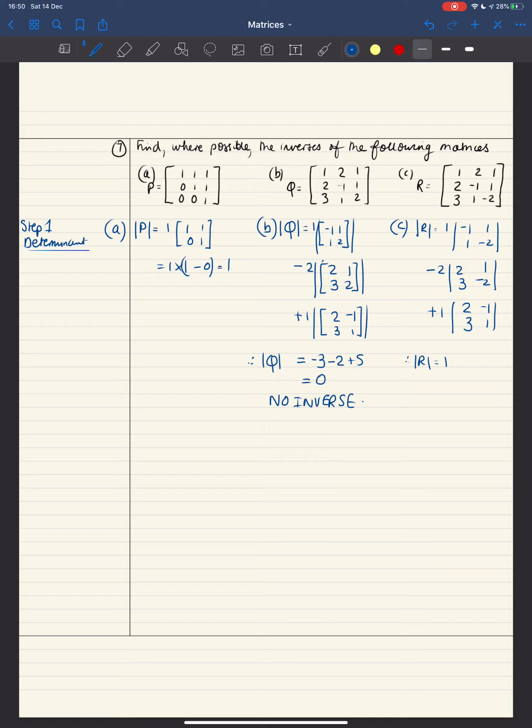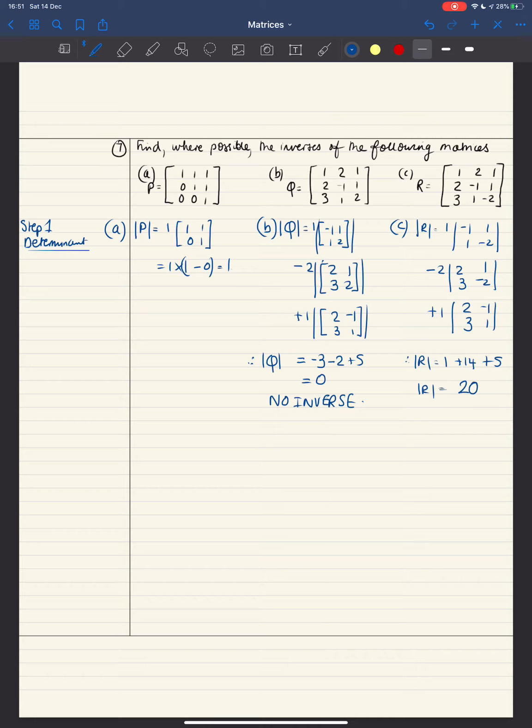So it's 1 times 1, which is 1. And the next one, minus 2. So this is minus 4, minus 3, minus 7, times minus 2 is plus 14. And then the last one, 2 minus 3. So it's 2 plus 3, which is 5. So it's plus 5. So det R is 20.